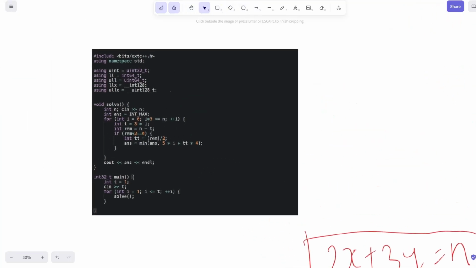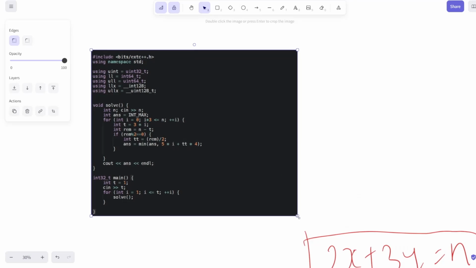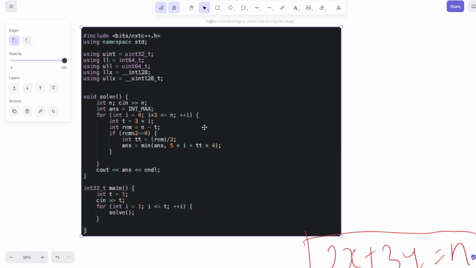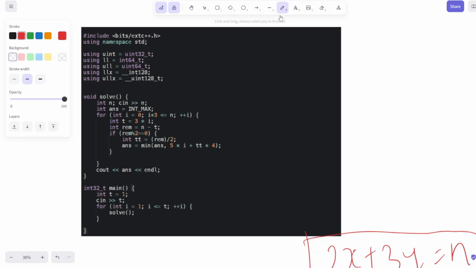This is my solution code. Let me zoom in so that it is clearer. Here I have taken test cases. We are given t test cases, so we take input, and for each test case we call the solve function. In solve, we take integer n as input and declare the answer variable with default value INT_MAX, because we have to minimize.